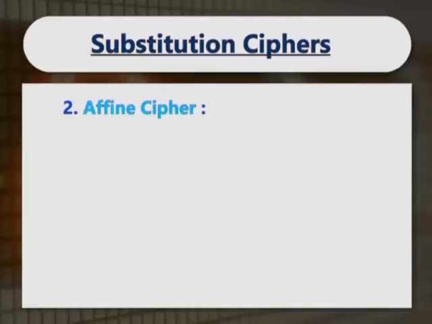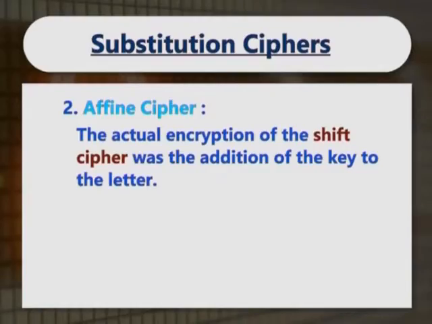The next cipher is the affine cipher. As we have already seen, there are some problems associated with the use of Caesar or shift cipher. Now we try to improve the shift cipher by generalizing the encryption function. If you recall, the actual encryption of the shift cipher was the addition of the key to the letter.